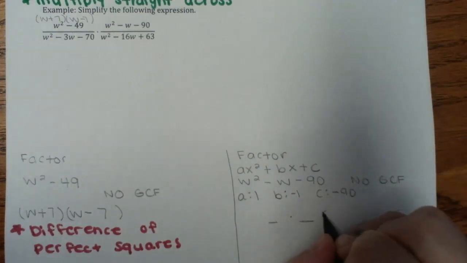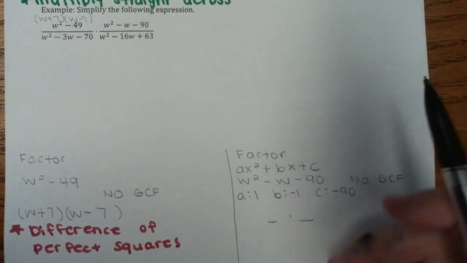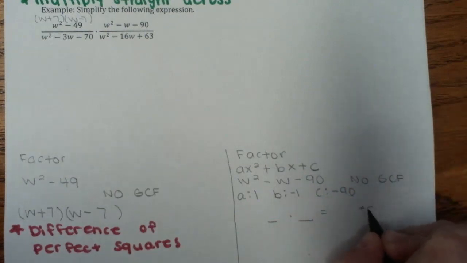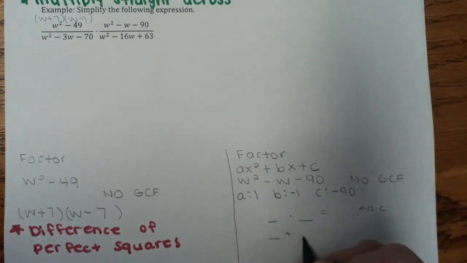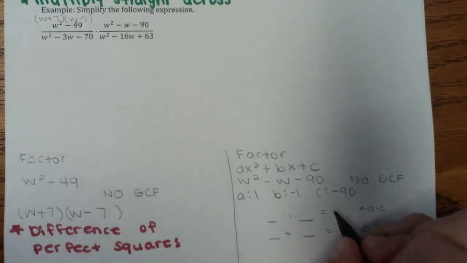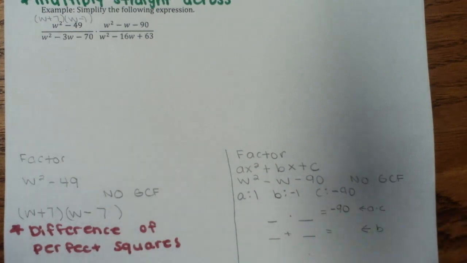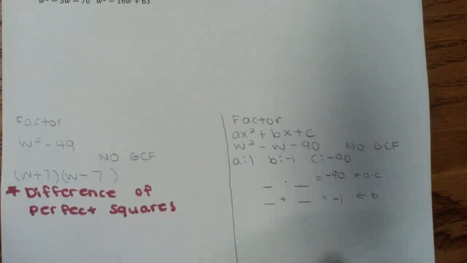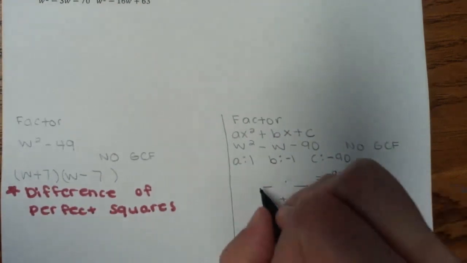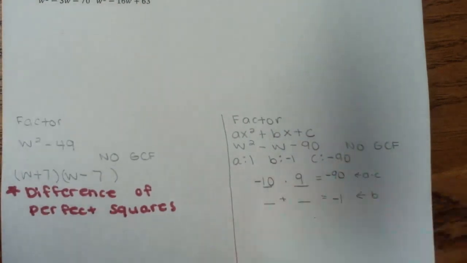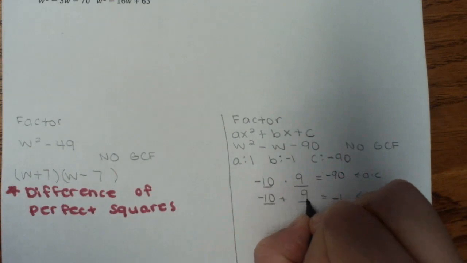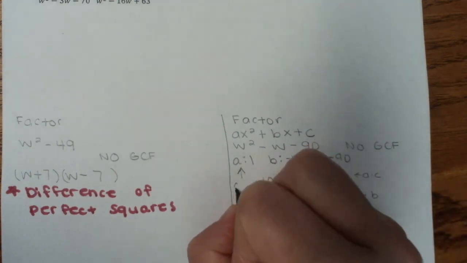So we're looking for two numbers that multiply together to give us a times c, and the same two numbers add together to give us b. So a times c, 1 times negative 90, is negative 90, and they add together to give us b, which is negative 1. So I'm thinking 10 and 9. Negative 10 times positive 9 is negative 90. Negative 10 plus 9 would give us negative 1.